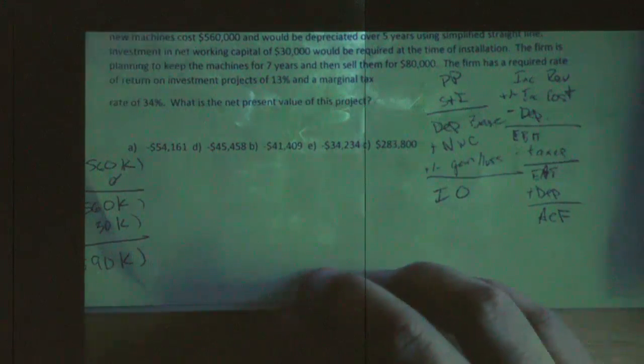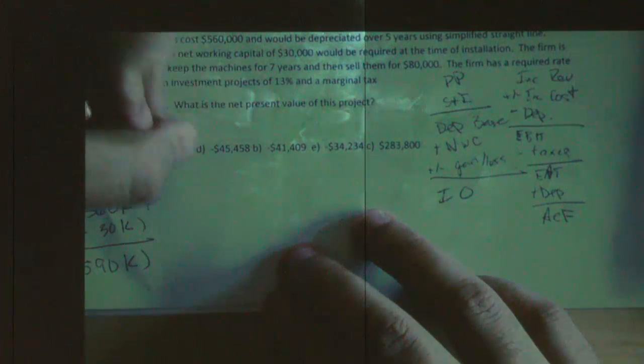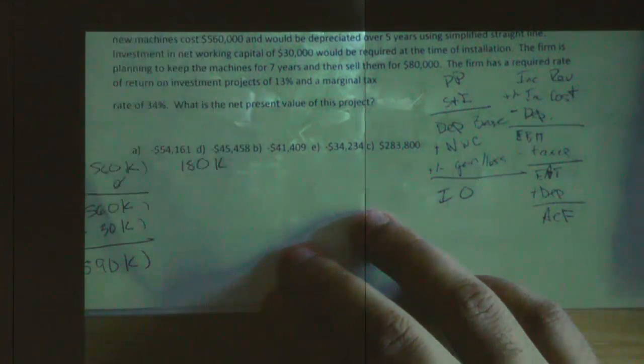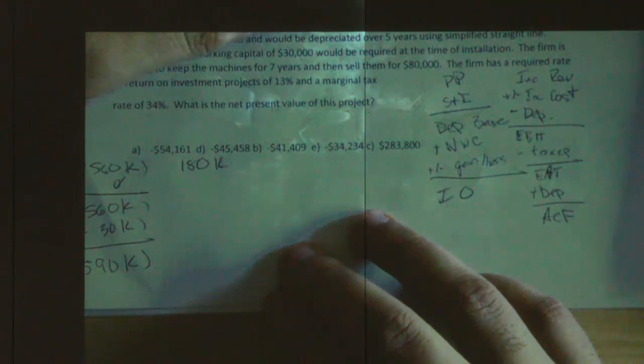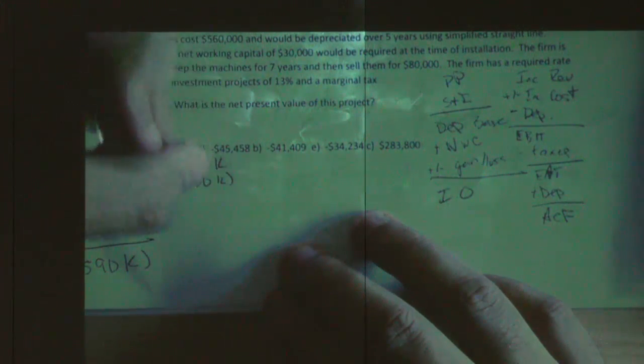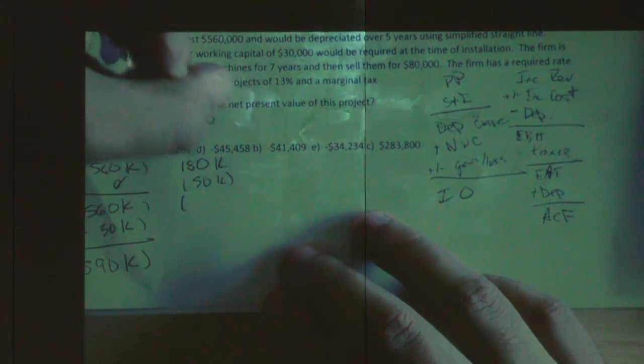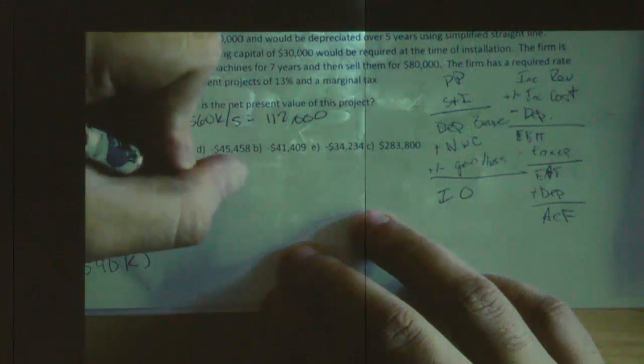So here it says we're going to increase revenues by 180. So that's positive, and it will increase costs. So here we're going to be incurring more costs, so that's going to be a subtraction, 50,000. And we're going to subtract our depreciation, which was 112. Divided by 5, it's 112K, cool.